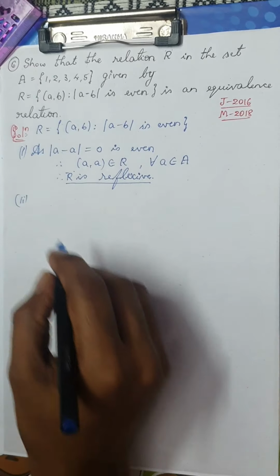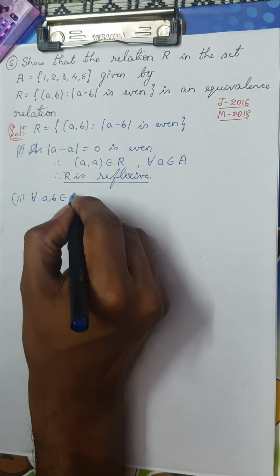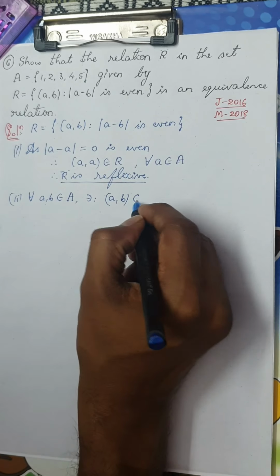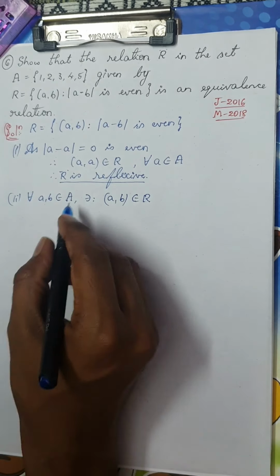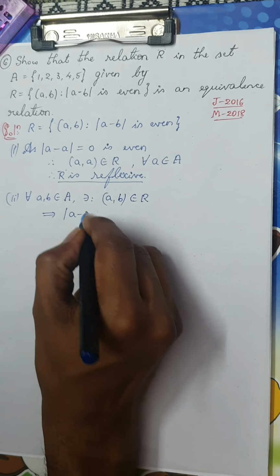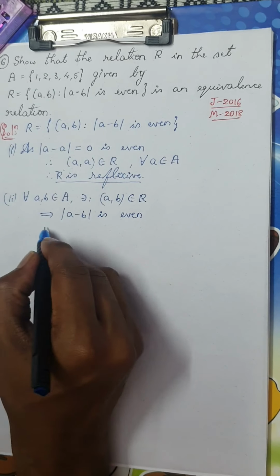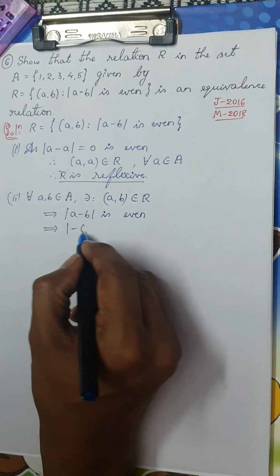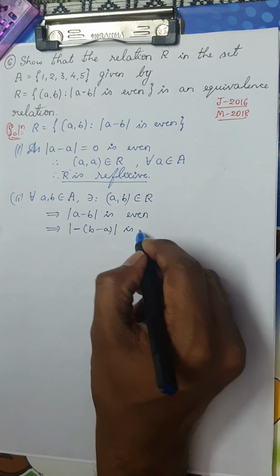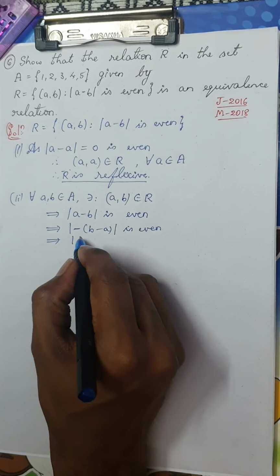Let me go on to the second one. For all A, B belonging to A, I'll take two elements from A such that (A, B) belongs to R. If (A, B) belongs to R, I can automatically write modulus of A minus B is even. Modulus of A minus B can also be written as modulus of negative of B minus A. Isn't it? Both are the same. This also will be even, because it is a modulus function, the negative value will be nullified.